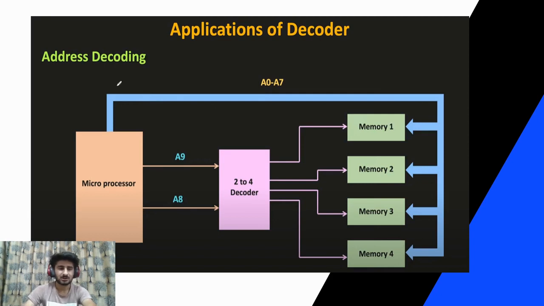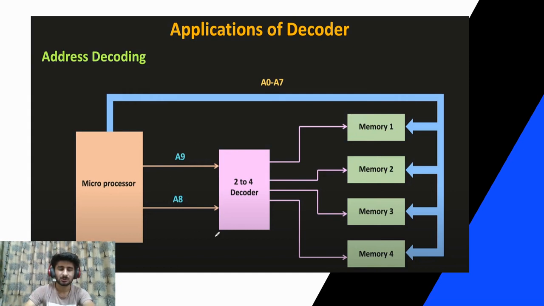Next is address decoding. In modern times, a laptop doesn't contain a single memory chip; it contains multiple memory chips. To connect all those memory chips to the microprocessor, we use a decoder.